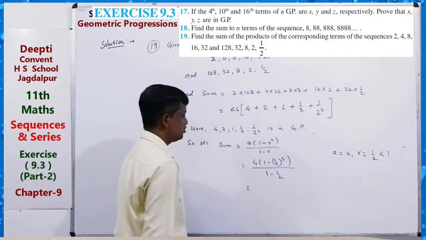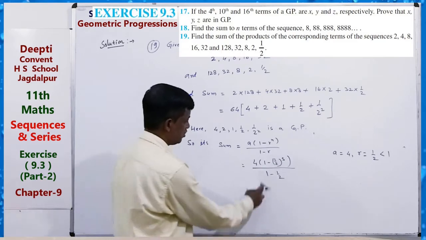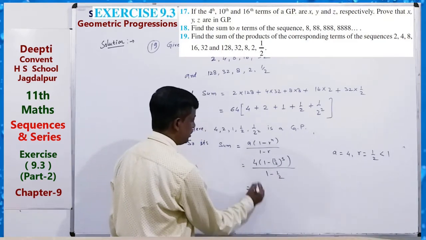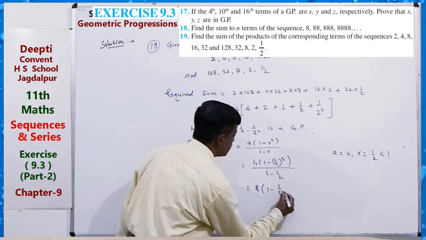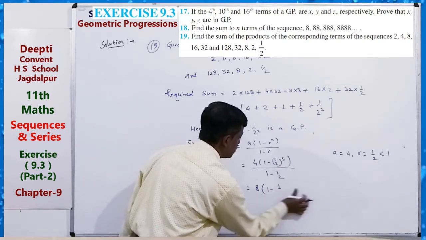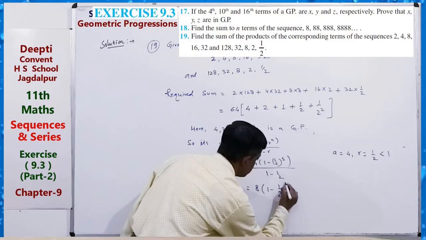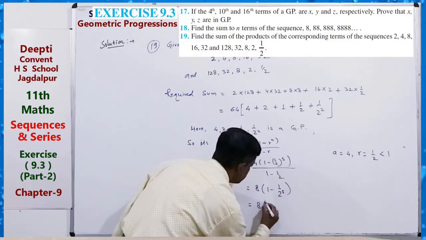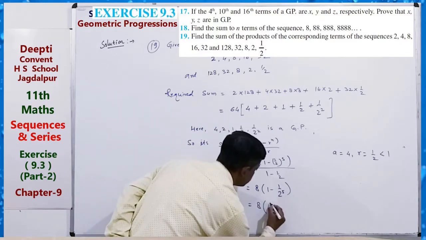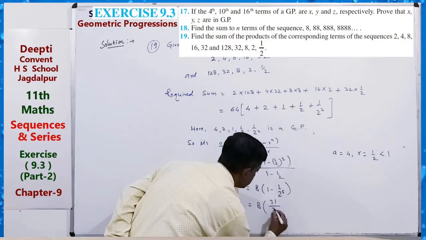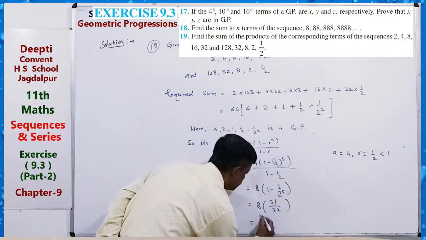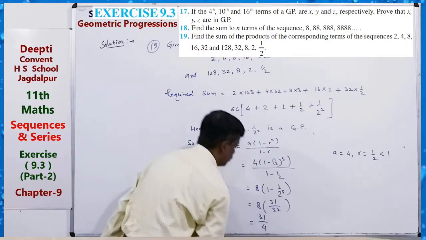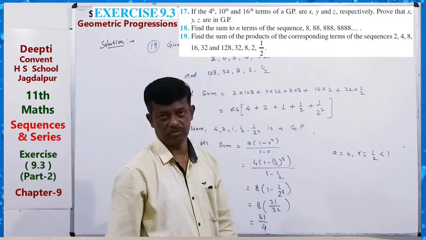This equals 8 into 1 minus 1 by 2 power 5, and 2 power 5 is 32, so that is 8 into 31 by 32, which is 31 by 4.